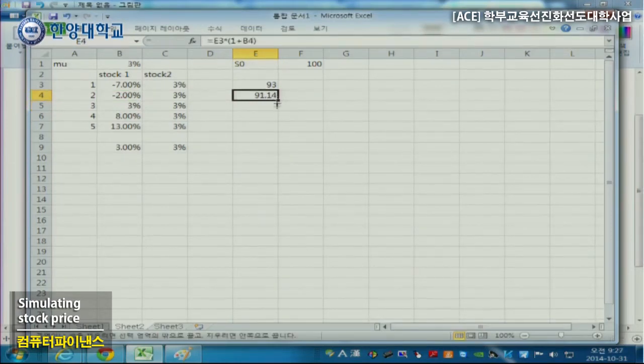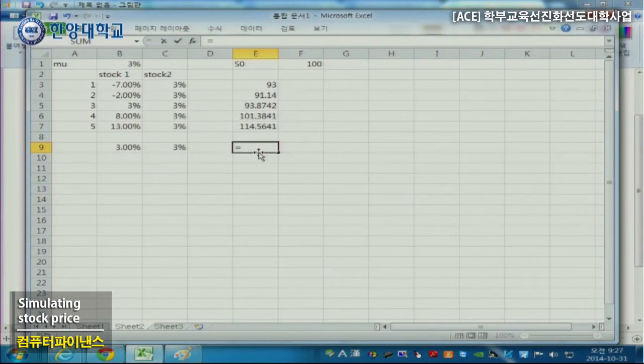If we keep doing that, my final asset value looks like this. Divide it by 100 and subtract 1, and it is about 14% over 5 years.